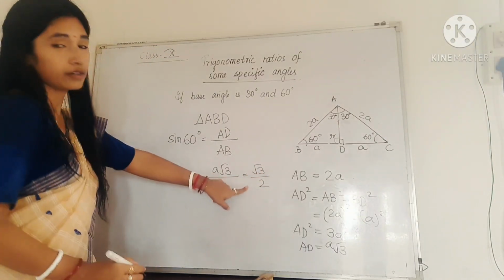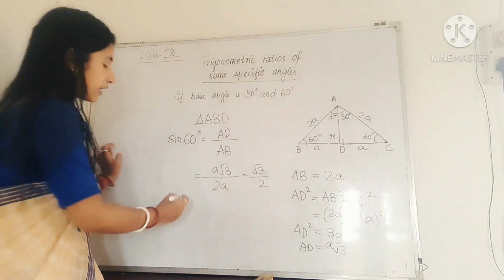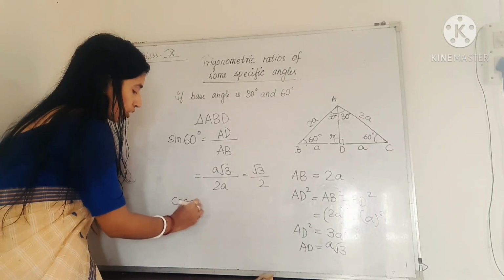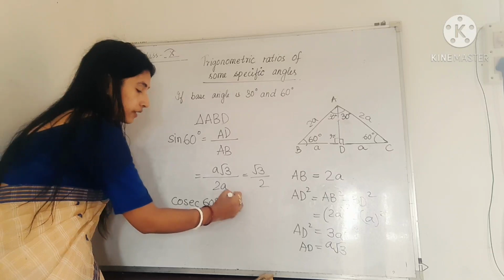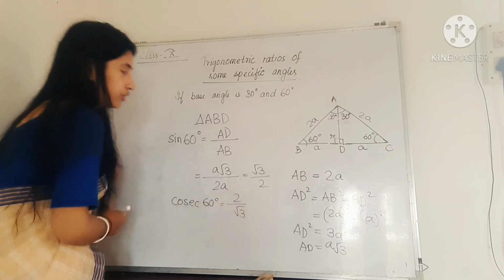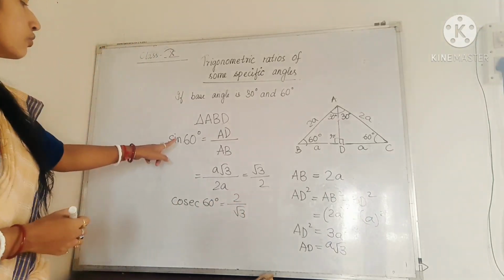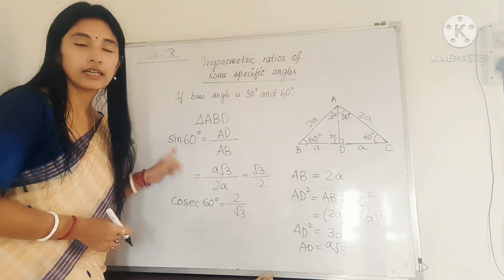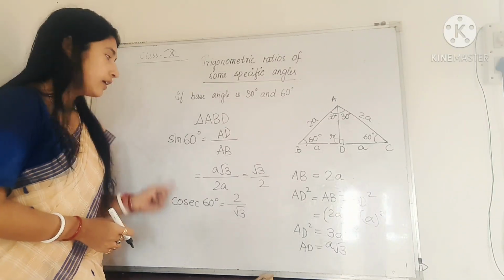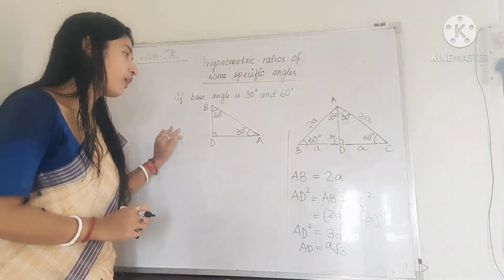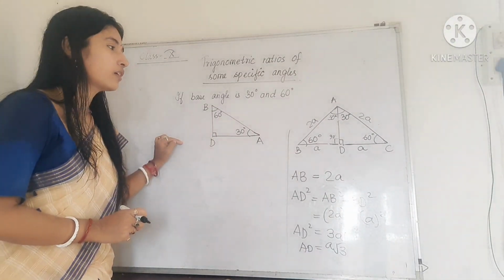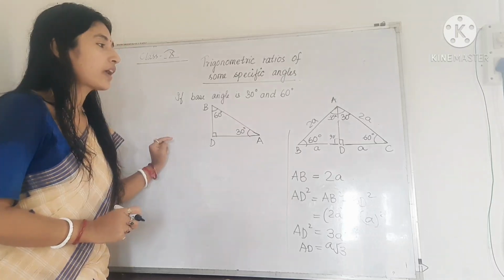So if sine 60 degree is equal to root 3 by 2, we can easily write cosec 60 degree is equal to 2 by root 3. So like this you can find the value of cos 60 degree, sec 60 degree, then tan 60 degree and cot 60 degree.